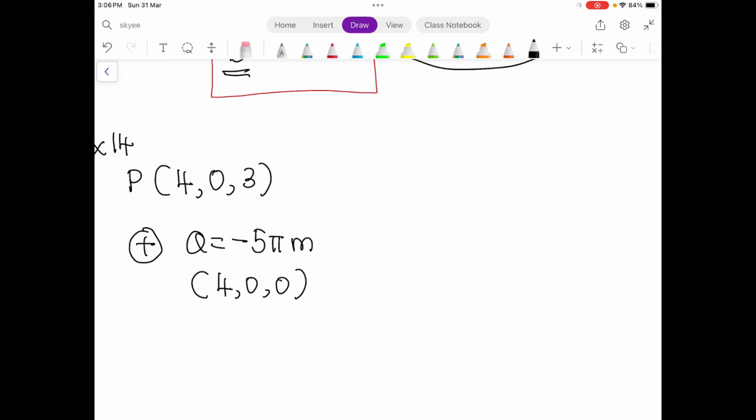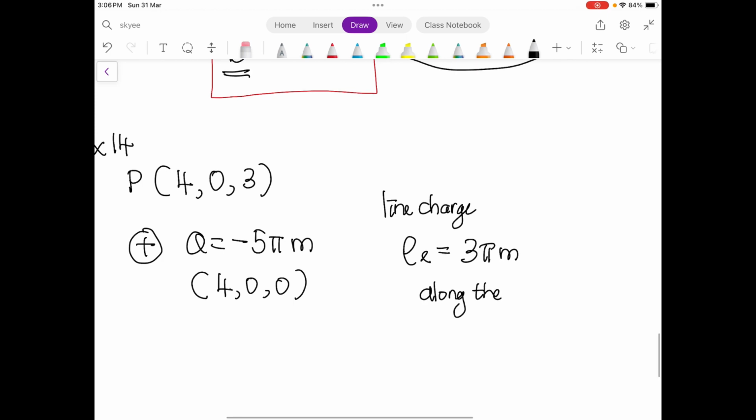And a line charge, this one is an infinite line. So the rho L given is 3 pi millicoulombs along the y-axis.